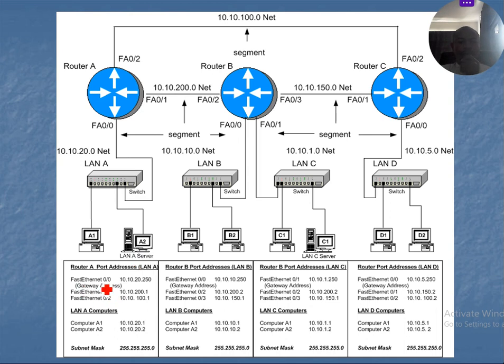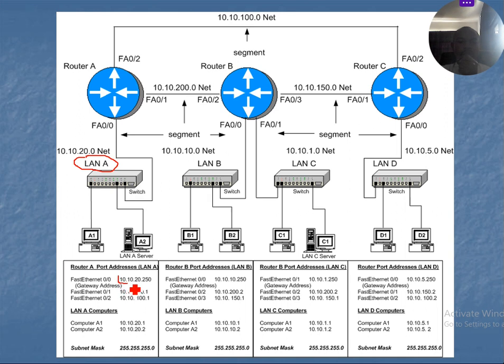Now this switch is connected with computer A1 and computer A2. You see the port address of local area network A. This switch creates local area network A. Here we have fast Ethernet 0/0, which uses the IP address 10.10.20.250.